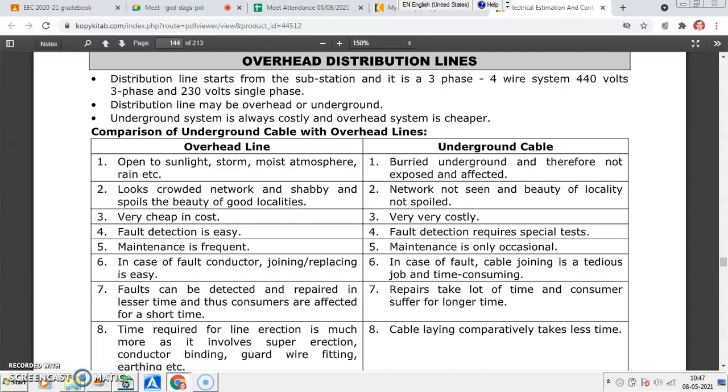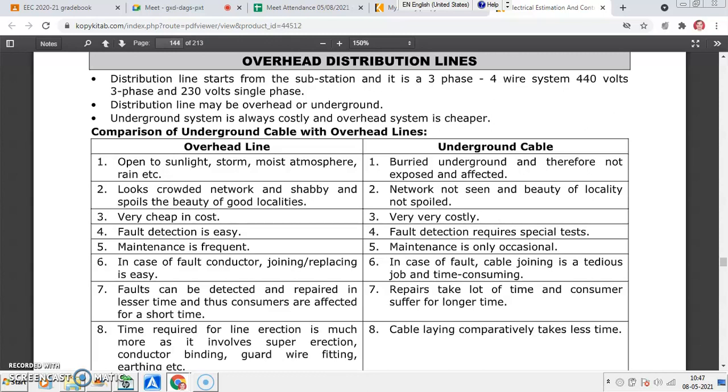And the underground system is definitely costlier because of the cost of cable, which is very important. Here the cost is directly based on the material or conductor. Overhead conductors are cheaper than the underground cables used.